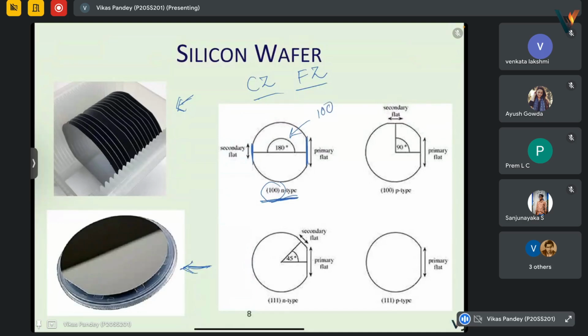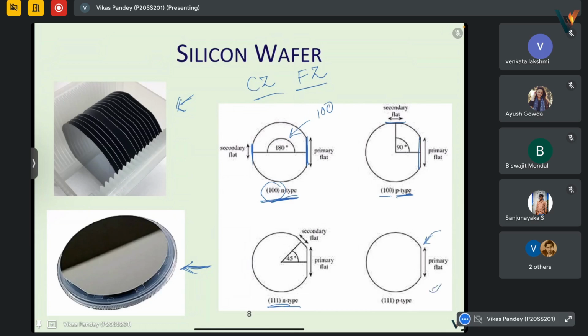Second, if it has both secondary and primary flat, but perpendicular to each other, that is, separated by 90 degrees, then it is a 100 P doped silicon wafer. If they are just adjacent to each other, it is a 111 N type silicon wafer. And if it has just one primary flat, it is a 111 P type silicon wafer.